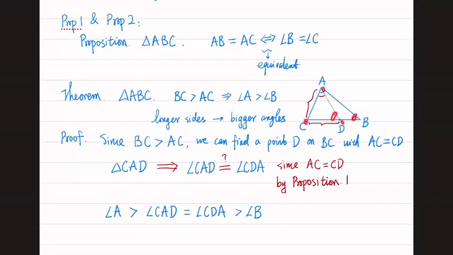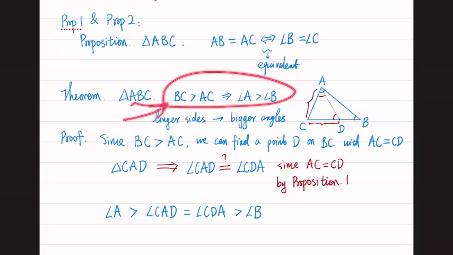Because the length CD is less than CB. Well, we haven't proved it yet. That's what we wanted to prove. We cannot use it just yet.